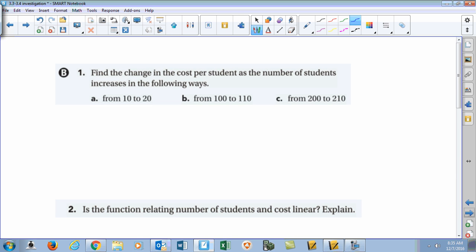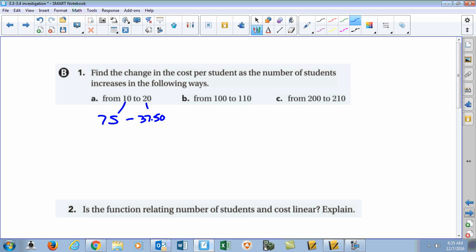Well, remember, x times y equals 750, right? So if our number of students is 10, we would take 750 and divide it by 10. What would we get? Huh? 75. So in 10, that's 75, right? What about 20? If you took 750 and divided it by 20, what do you get? Yeah, 37.5. Or 37.50, right? Because this is cost.